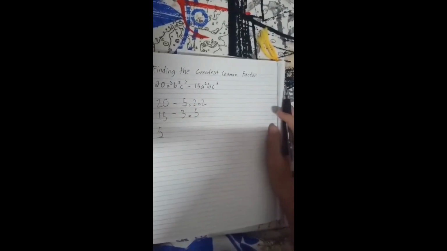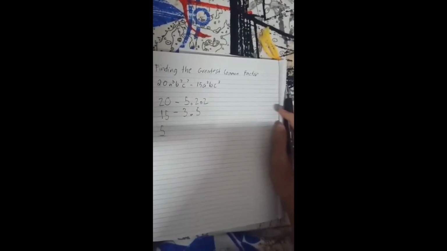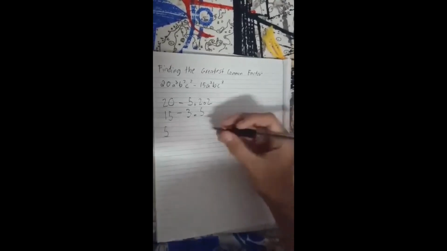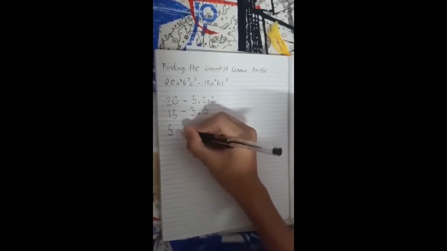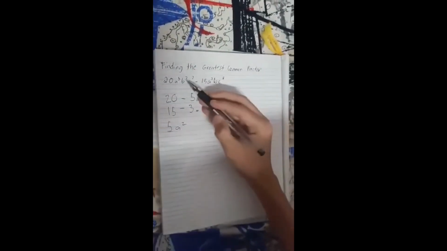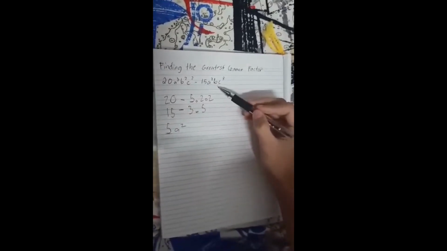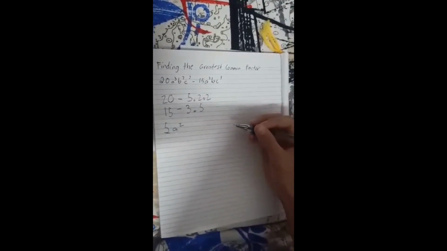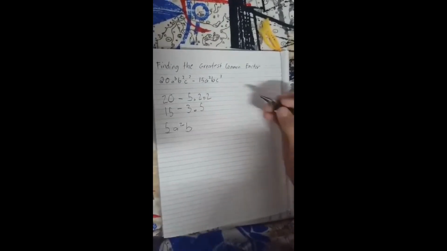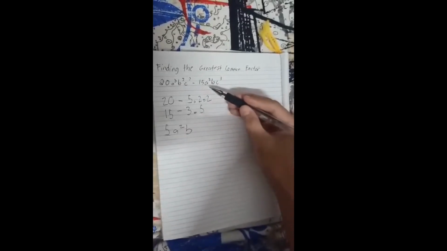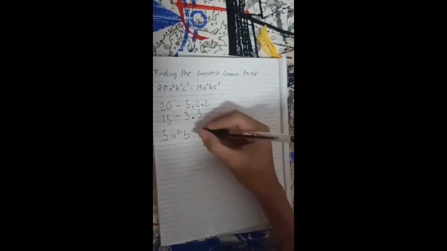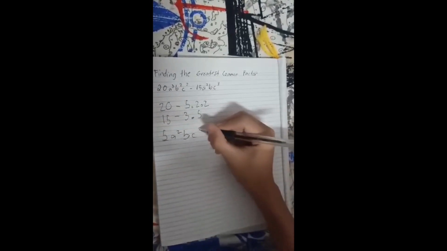We will take the smaller exponent, so a cubed divided by a squared is a. b squared divided by b is b. c squared divided by c cubed equals c squared.